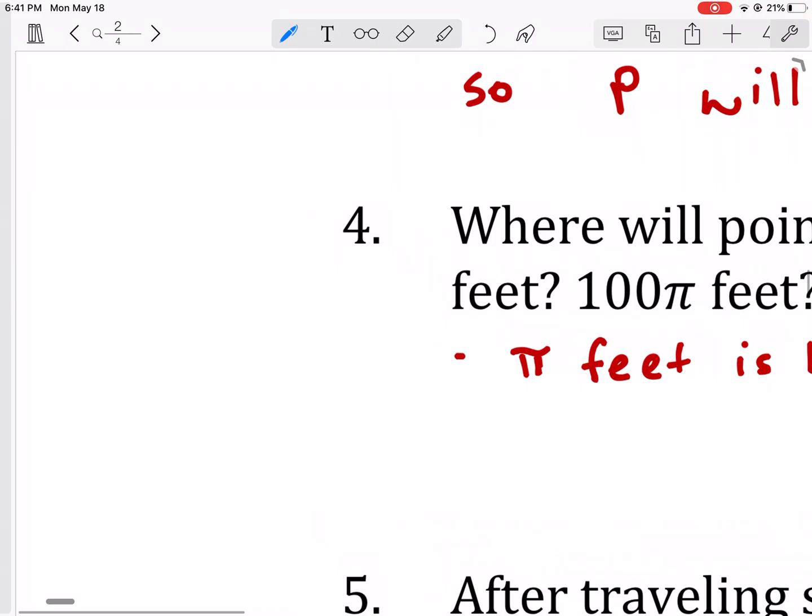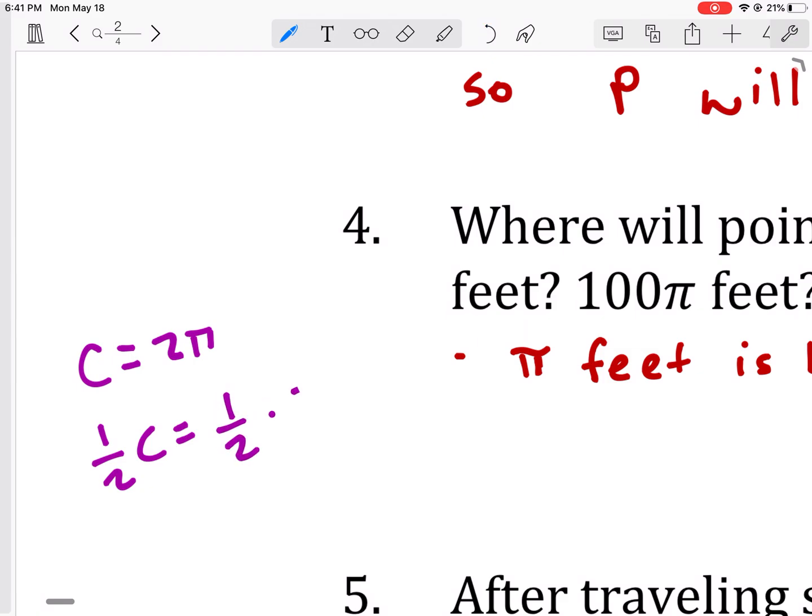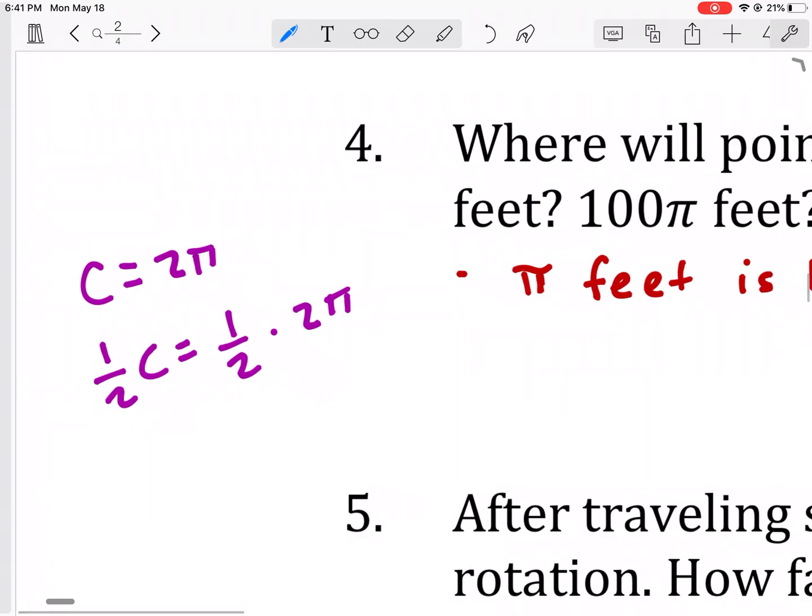If I were to calculate that, the circumference is equal to 2 pi times the radius, which was just 1. Well, half the circumference is 1/2 times 2 pi, doesn't really matter the order. So half the circumference is equal to pi.